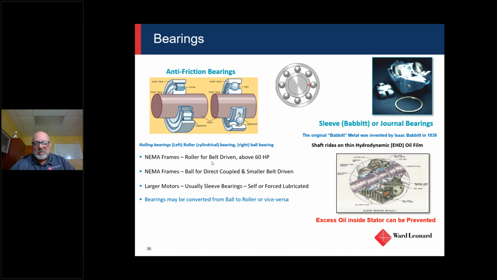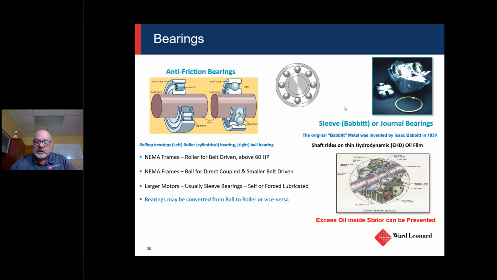But on the NEMA, the most standard type of motor that we see, it's going to be a regular anti-friction ball bearing. When you get into larger motors, it's usually going to be a sleeve type of bearing, and this is a picture of one on the top right, a sleeve or Babbitt journal bearing.